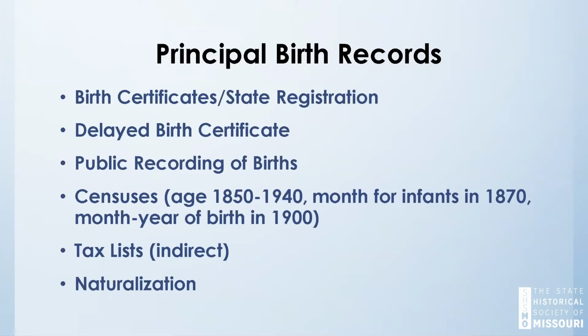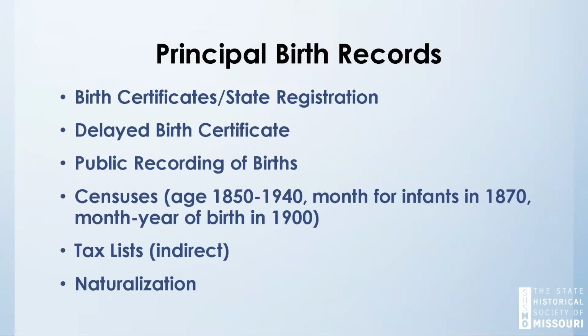Sometimes you can get a birth date from a census. In 1850 to 1940, you can get an approximate birth date from the age. The month for infants in 1870, that is, born in the previous year, so you get at least the month and year. And then the month and year in 1900 was specifically recorded.